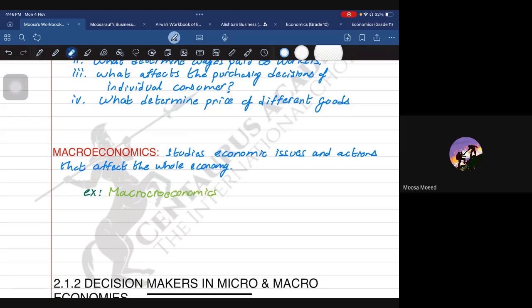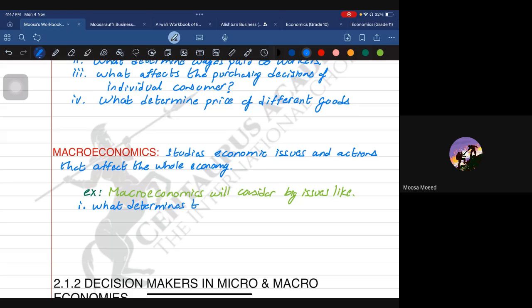Macroeconomics will consider big issues at the economic level, like what determines the total output of firms in the economy, that is, what is determining the total output of every firm in the economy.